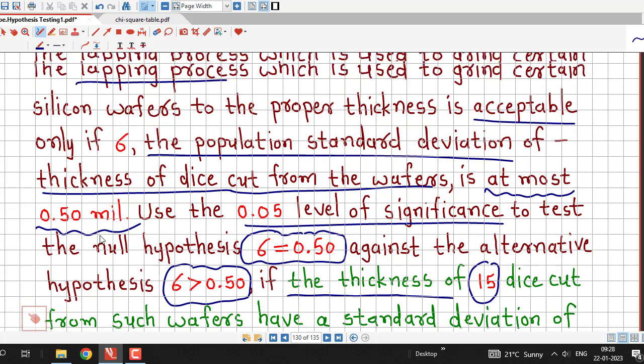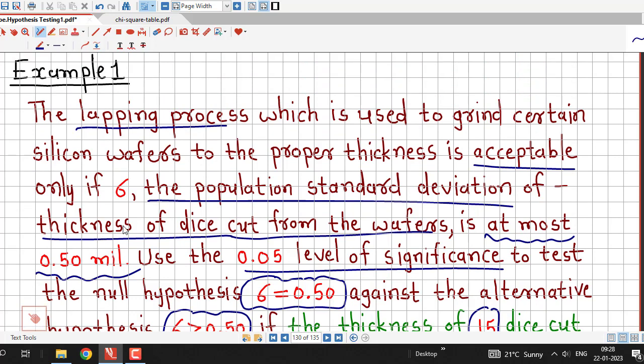So here our parameter of interest is thickness of dice cut from the wafers, and they are saying that the lapping process is acceptable only if the population standard deviation of thickness of dice is at most 0.50.